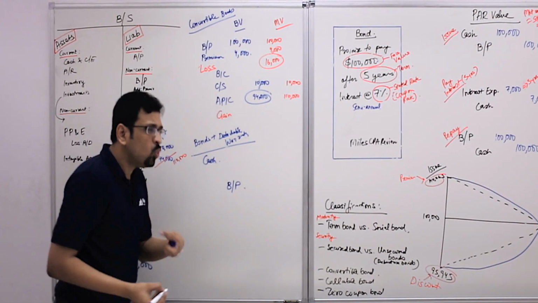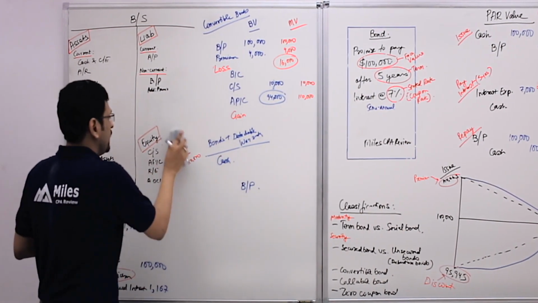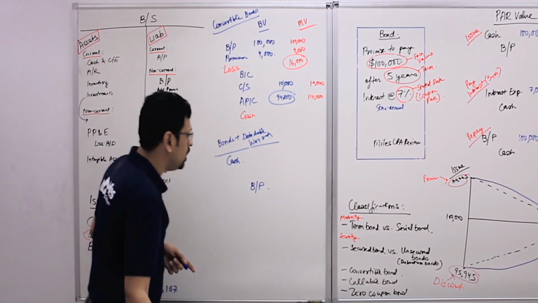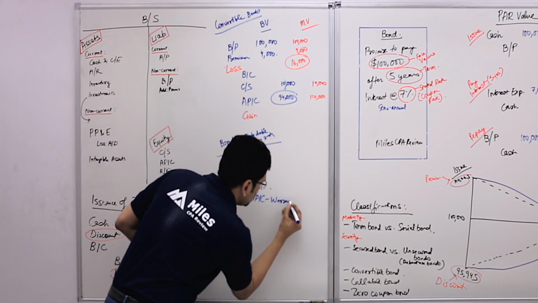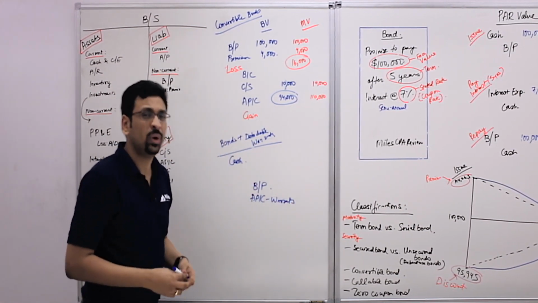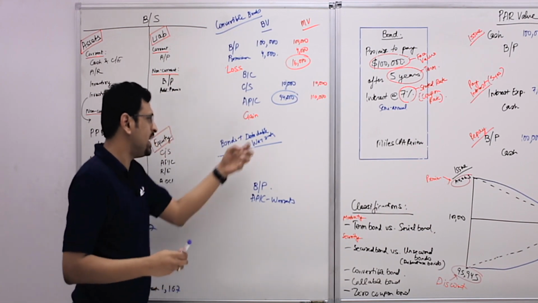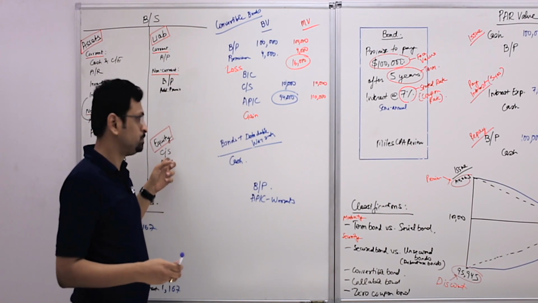Now, because warrants are convertible to equity, we would put the warrants in APIC. So we would have an account called APIC warrants. We'll talk about APIC in detail when we look at stockholders' equity later in the course. But for now, understand bonds is bonds payable, and warrants would go into APIC.